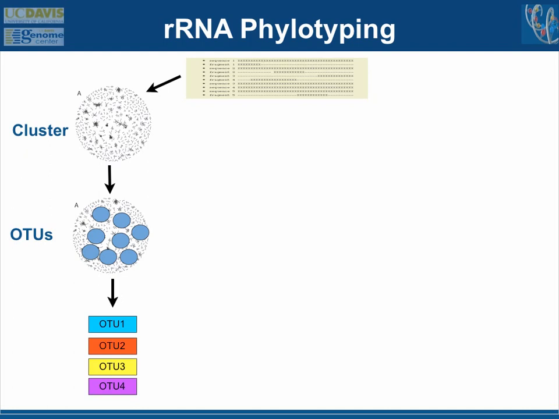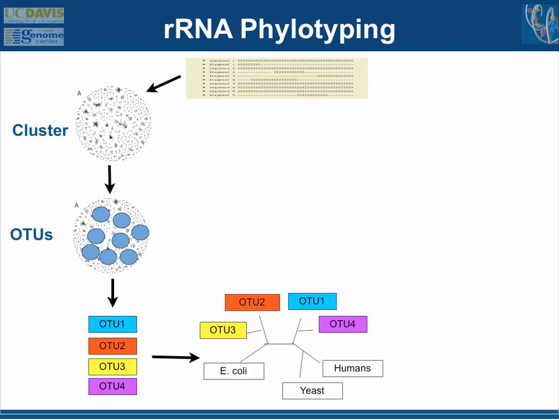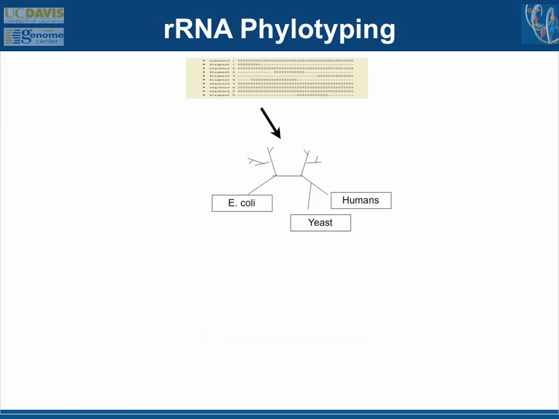And then sometimes people will then build an evolutionary tree from those refined operational taxonomic units, so not analyzing all the data, but just representatives of each group. The true obsessed phylogeneticist would build an evolutionary tree of all the sequences and just use that, and never try and assign things to a species or an operational taxonomic unit, but analyze the entire data set. And I'll give you examples in essence of all three of these.